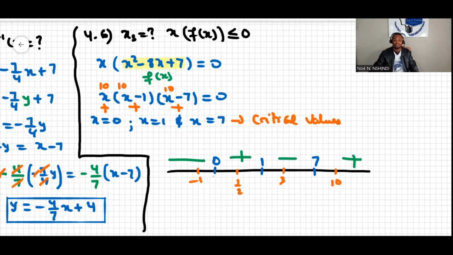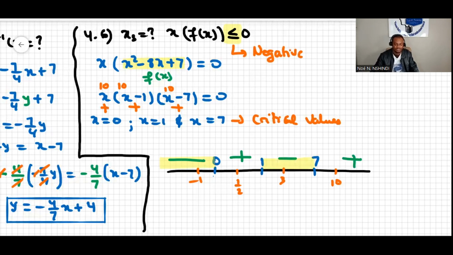Our interest is where the solution is negative, because we want x times f of x less than or equal to 0, which means negative. So it's there and also over here.